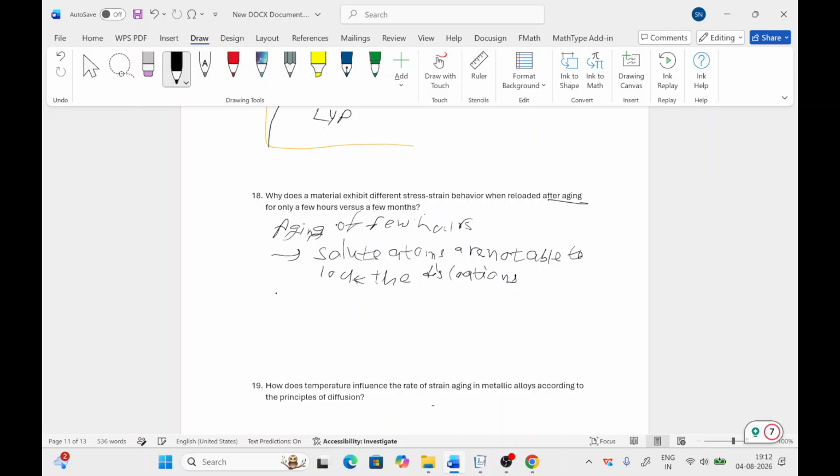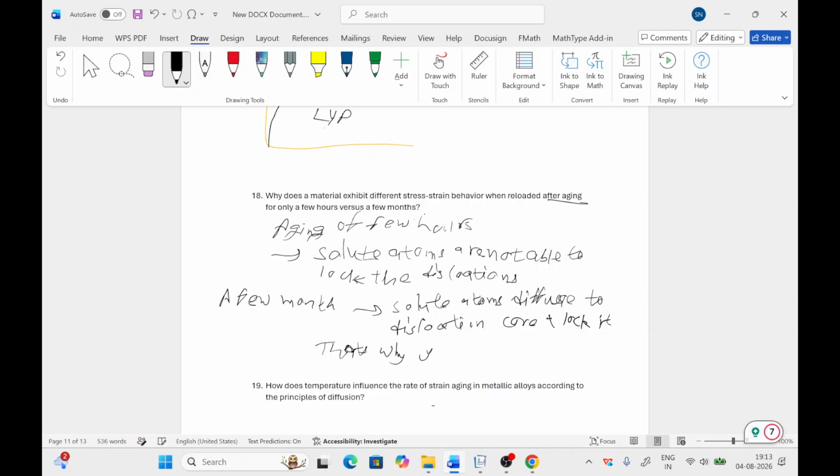But for a few months, the solute atoms diffuse to the dislocation core and lock it. That's why the yield point reappears.